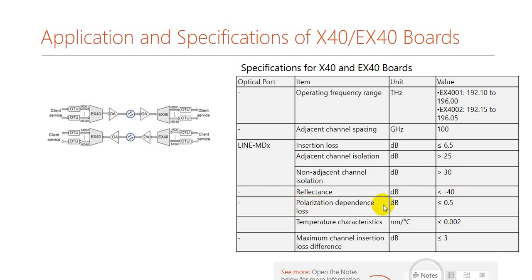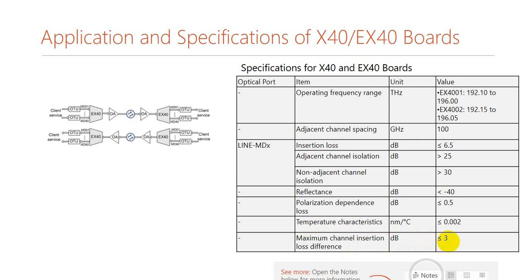Polarization is less than or equal to 0.5 dB, and the wavelength drift per degree centigrade is less than or equal to 0.002, and the maximum channel insertion loss difference is less than or equal to 3.